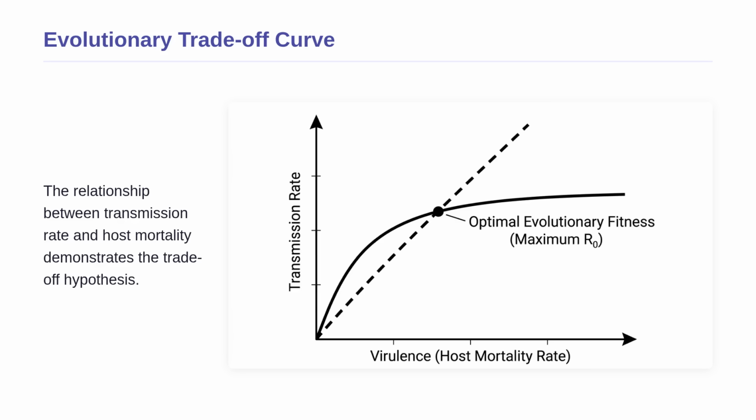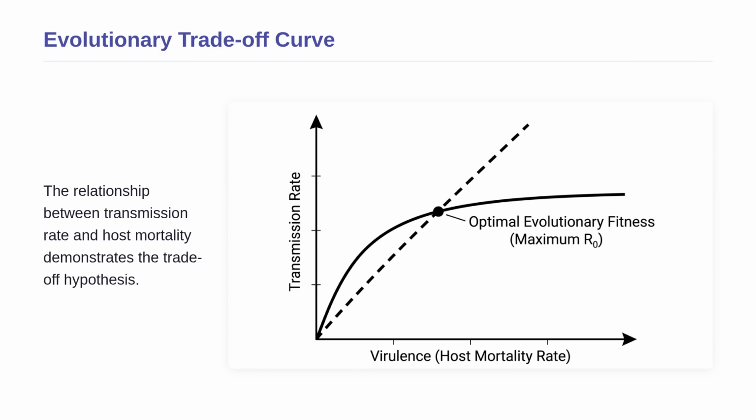This mathematical proof is perfectly visualized in the following graph. What you are looking at is the evolutionary trade-off curve. The horizontal axis represents the virulence, or host mortality rate, while the vertical axis represents the transmission rate. Notice how the solid curve rises steeply at first, but then begins to level off.